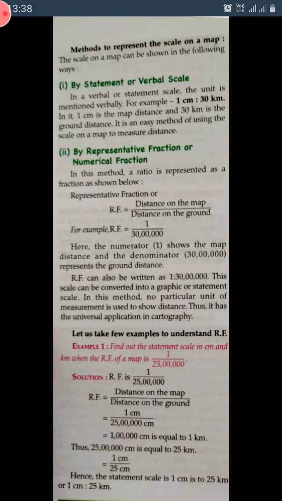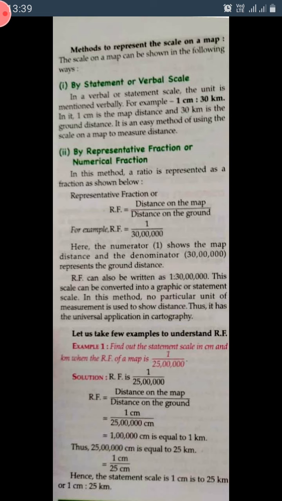Now the second is the representative fraction or numerical fraction. This method shows the ratio between the distance on the map to the distance on the ground. This scale can be used by any country in the world according to that country's accepted unit of measurement.